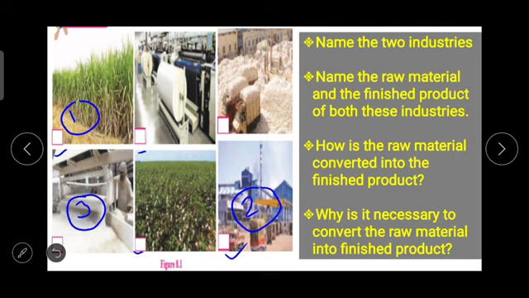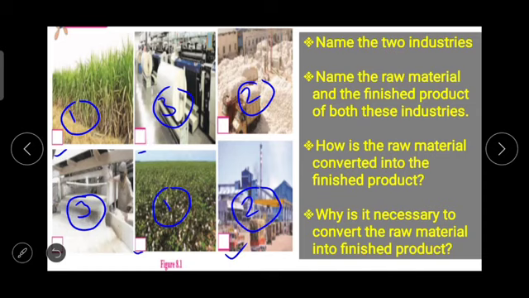And if you go for the remaining pictures, then this one is again of the cotton crop, then this one, and last is this. So this is cotton industry or cottage industry we can say.